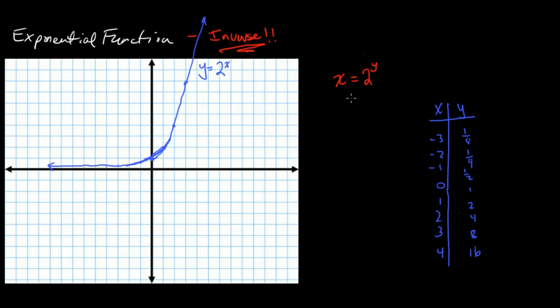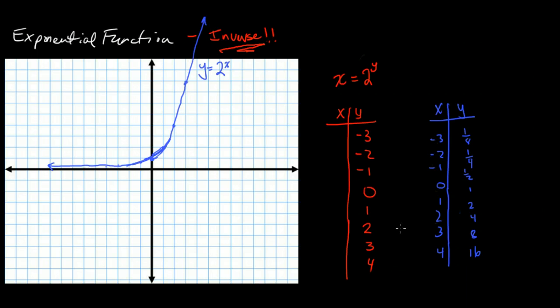When we're doing the inverse, all we really need to do is switch our x's and our y's. So whatever is on this side of the table now goes over here: -3, -2, -1, 0, 1, 2, 3, and 4. That's what we had in our first group.